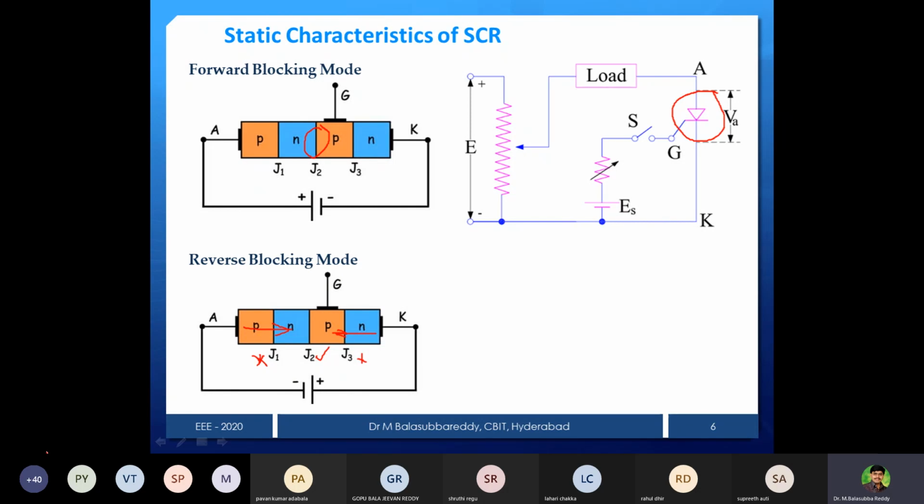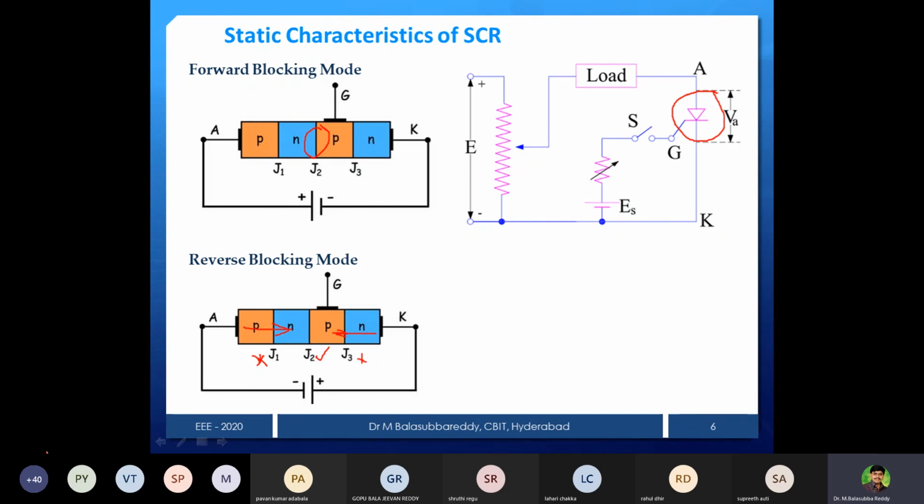That's the SCR, and as you are aware, the SCR is a switch. If the switch is closed by means of the gate or whatever method you want to adopt, the device is on. Whatever I represent across the device is VA.